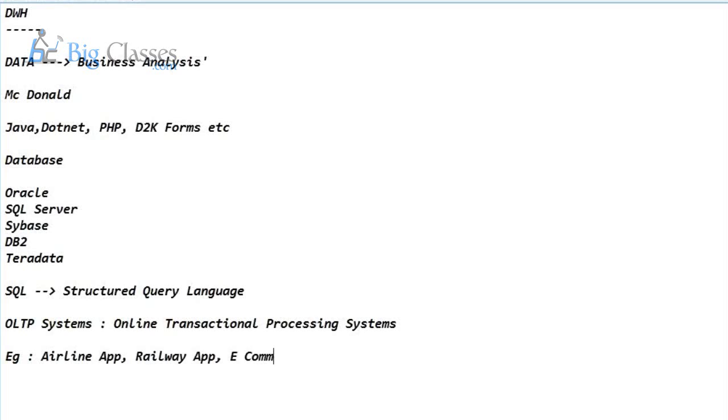All the banking applications. Yes, ATM withdrawal center. So these are all the different OLTP systems that we have.